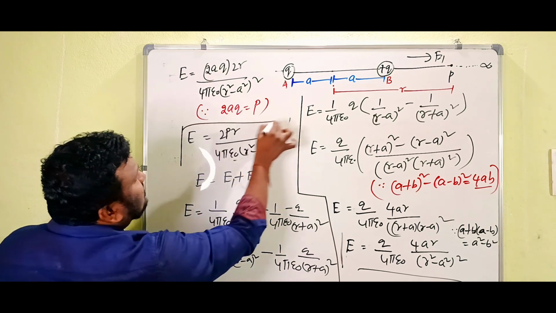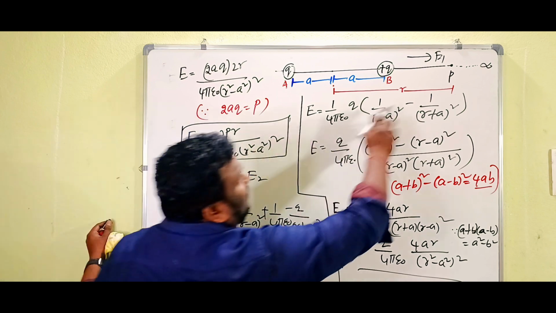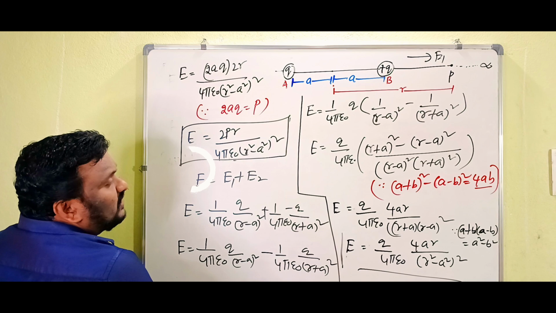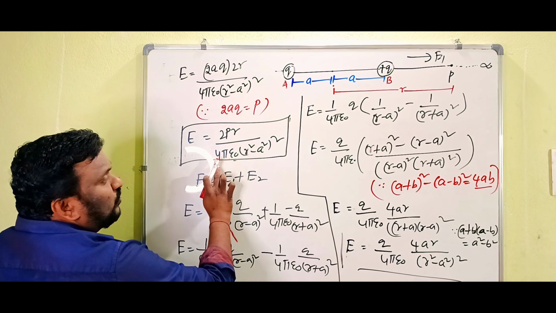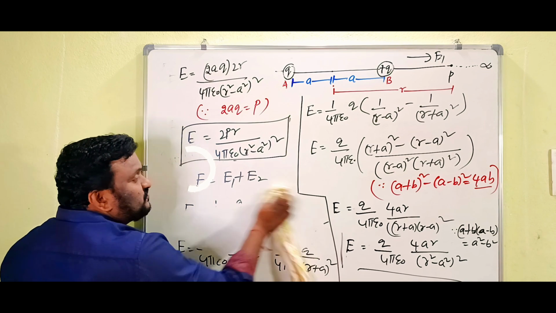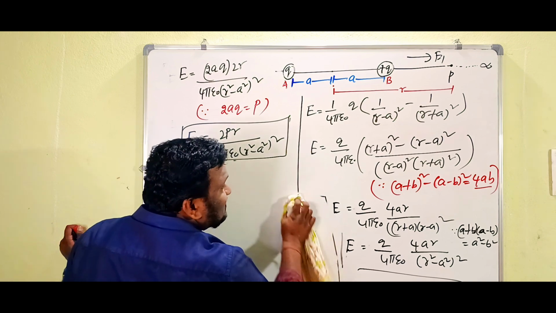So children, this is the expression for the electric field intensity at a point P on the axial line.